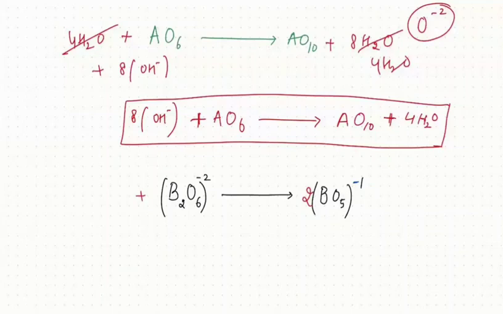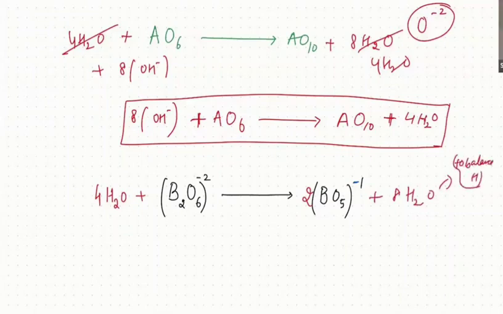So I'm going to write 4H2O, right? And then I'm going to write down 8H2O to balance hydrogen. This H2O is to balance hydrogen.